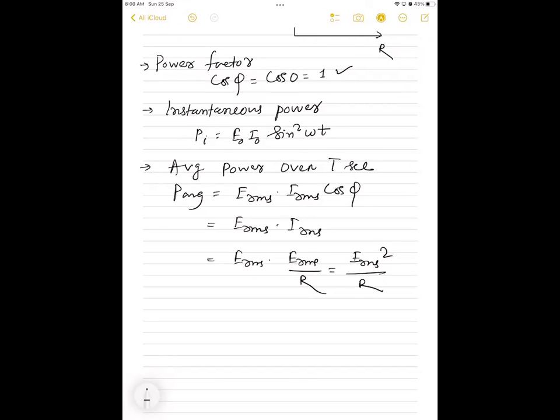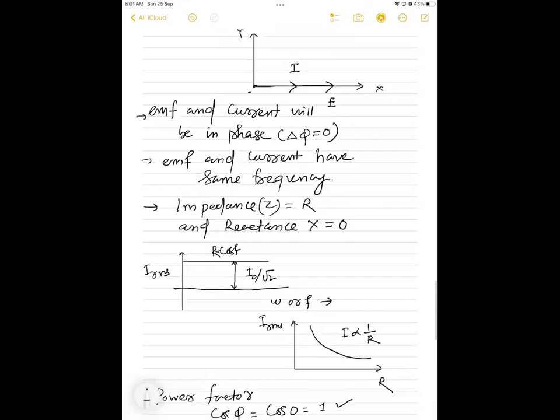Then let's once again see AC through an inductor.